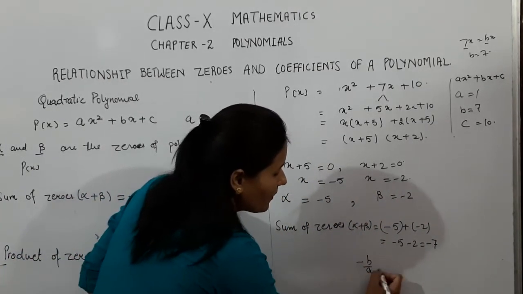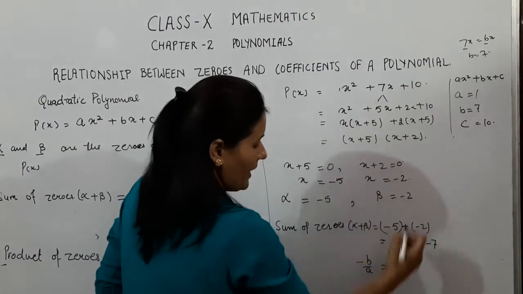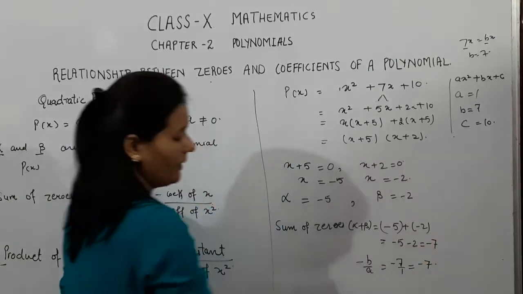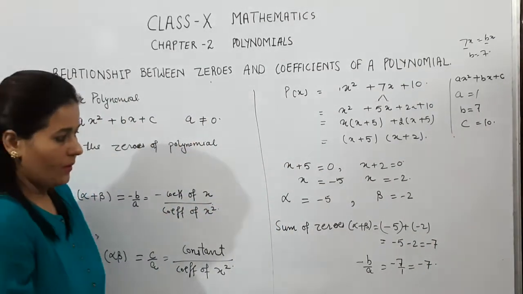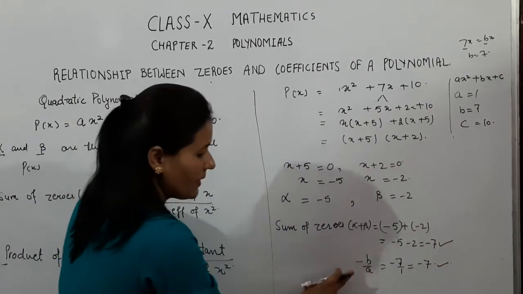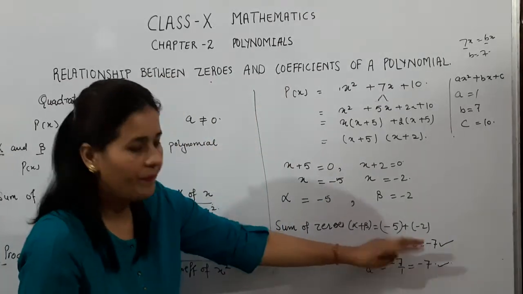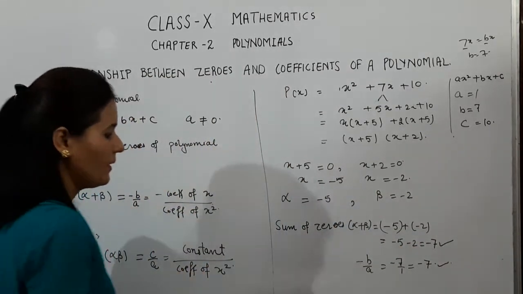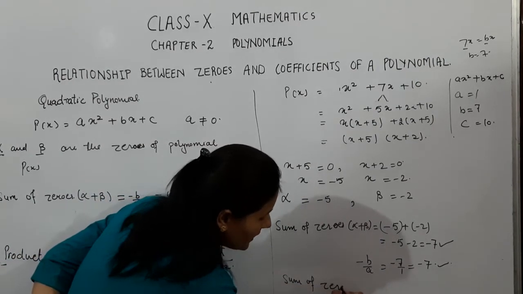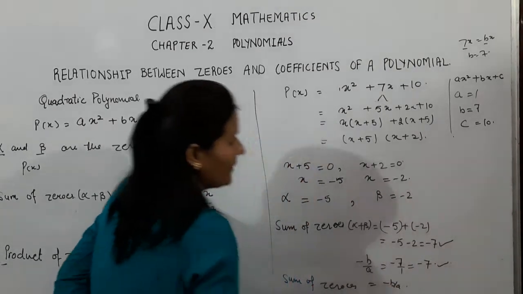Minus b upon a is -7 upon 1, so it is equal to -7 only. So here what are we getting? This and this are the same. The sum of zeros is equal to minus b upon a, hence verified. Both values are the same.